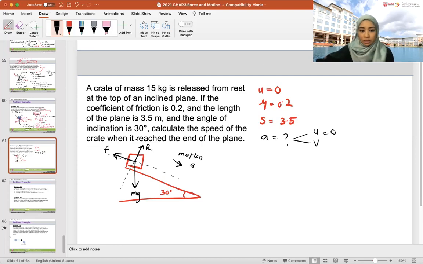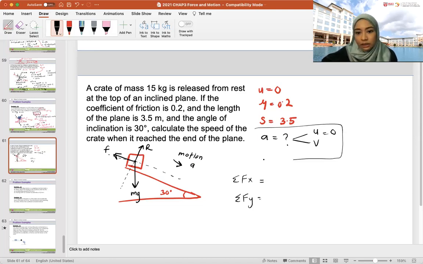Okay, you guys try to solve for the F net in the X, F net in the Y. First, I'm going to call people as usual. And then baru kita akan go for what is the speed at the end of the crate. Itu saya akan buat sama-sama, okay? But I want you guys to know how to write the equation first using the free body diagram.